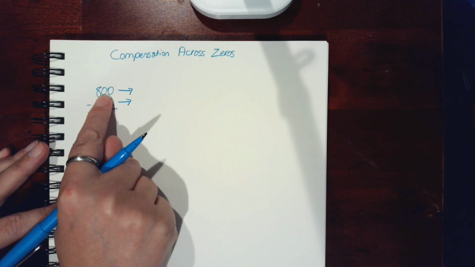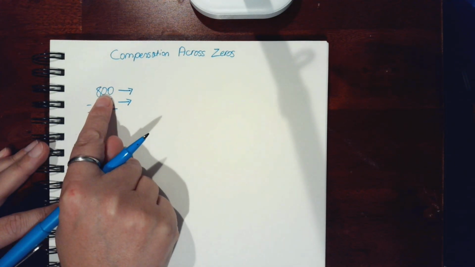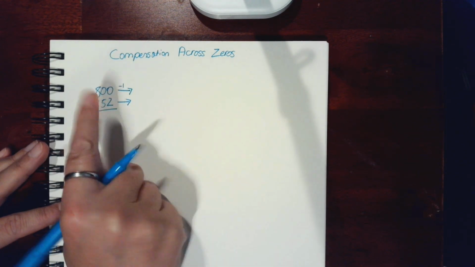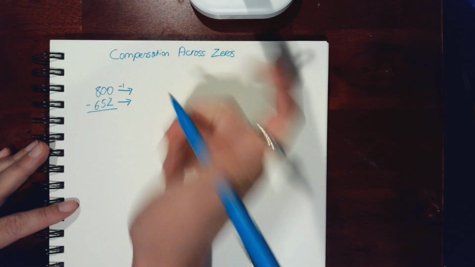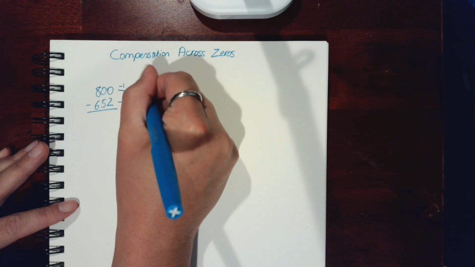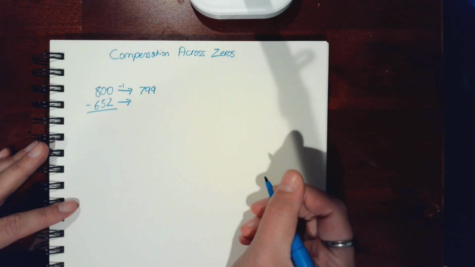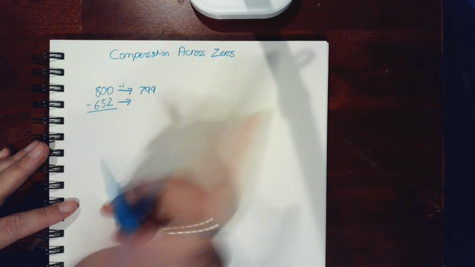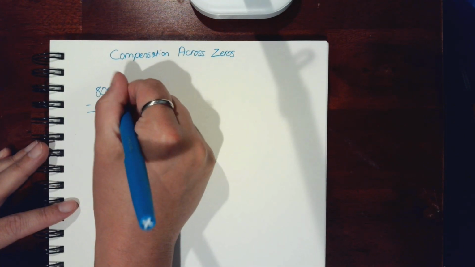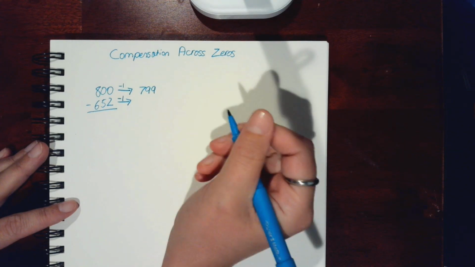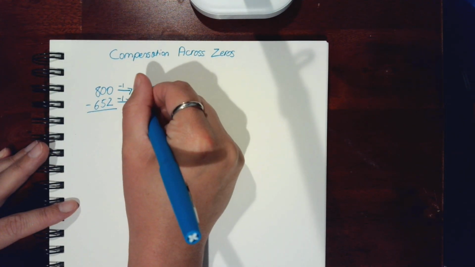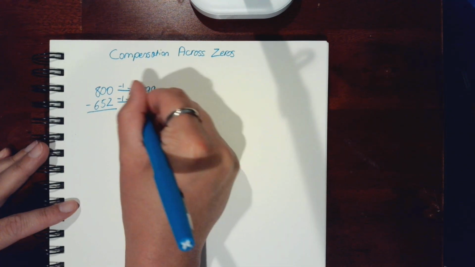If I'm at 800 and I take 1 away from 800, that would get me to 799. So it gets me to right before that 100, right? Well, if I take 1 away from the 800, I will also have to take 1 away from 652. If I take 1 away from 652, it would be 651.